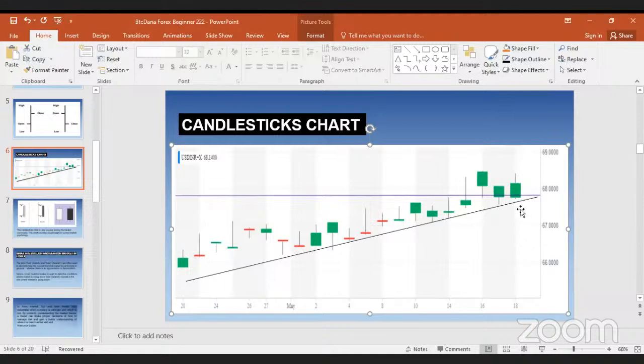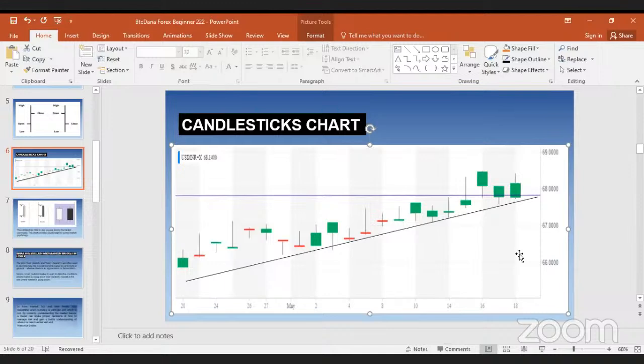It will close below this black line. When it closes below this black line, I want to place a sell order because I already know the market will keep coming down. I hope you understand. That is what technical analysis and fundamental analysis is all about.